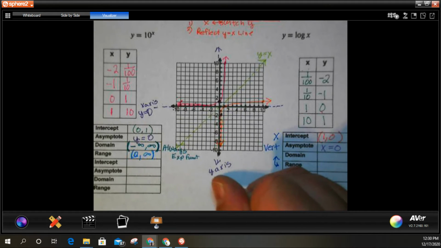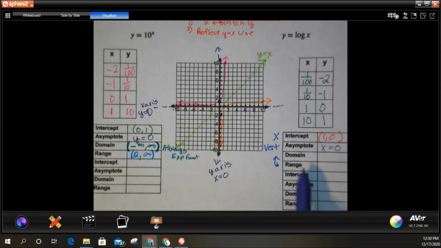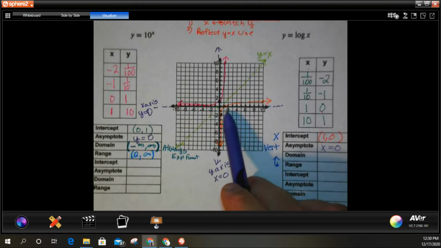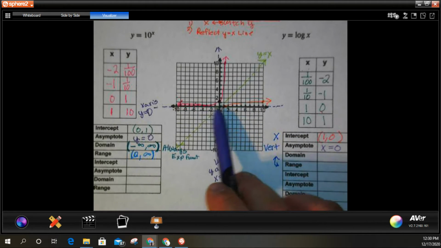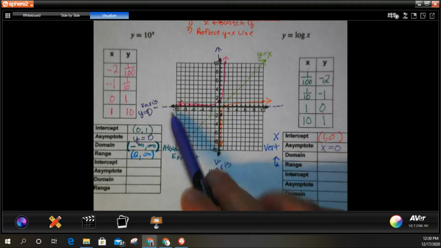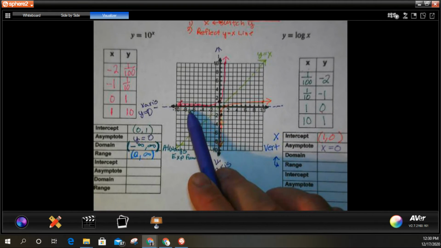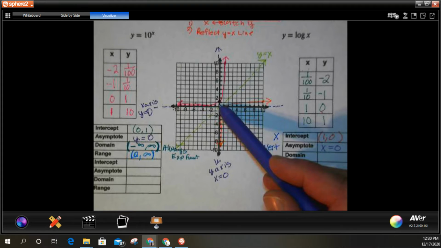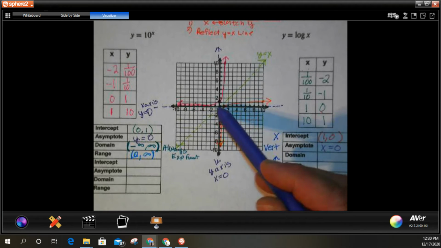Domain. Well, as my x values get smaller, go to negative infinity, my y values for the function go to negative infinity.